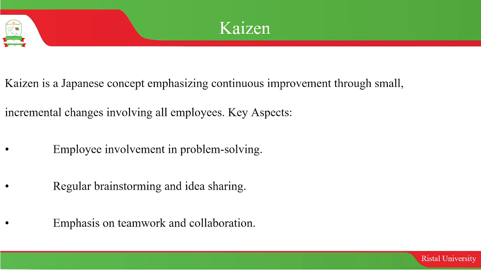They should be aware of almost most of the steps in the system, because these are people who will contribute ideas. And we know that if all employees own the system, if they know what is supposed to be done at each and every step, it will minimize errors and the system goes well. Employee involvement in problem solving, regular brainstorming and idea sharing, and emphasis on teamwork and collaboration all contribute to the outputs.